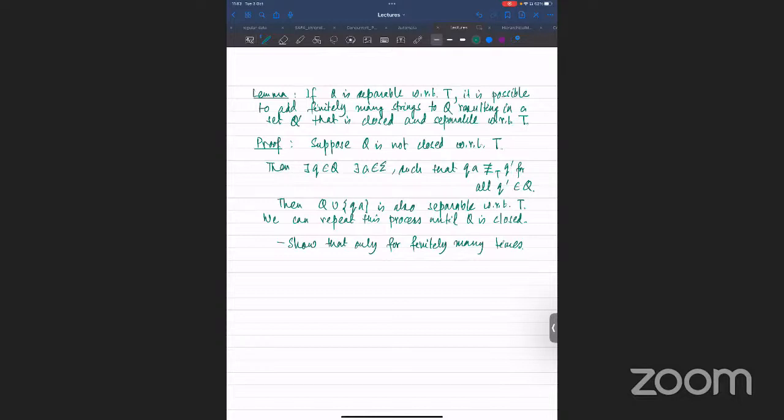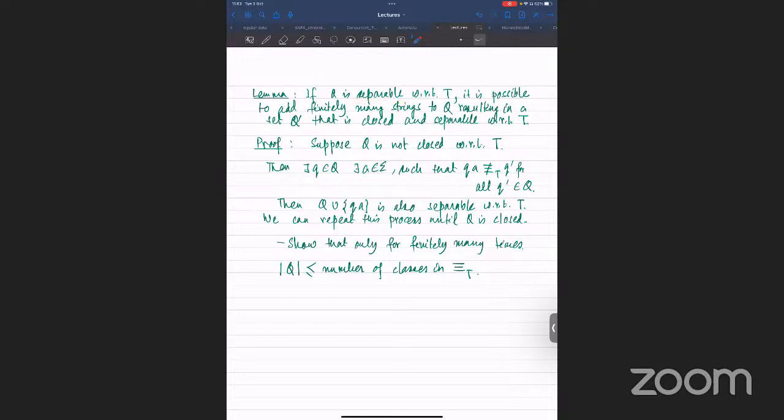So one thing, is it clear that the number of classes is bounded? Why? Suppose this is not the case. Then there will be two qi and qj which are in the same class, right? And then it contradicts the property of separability.